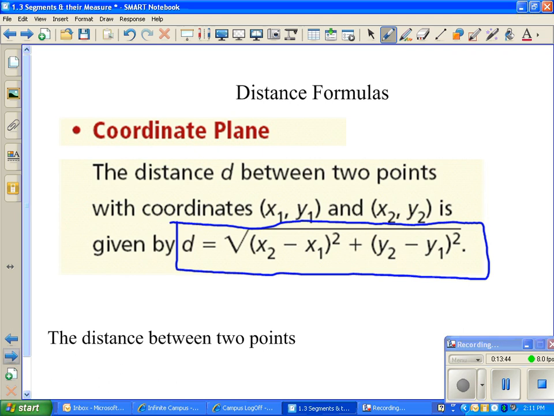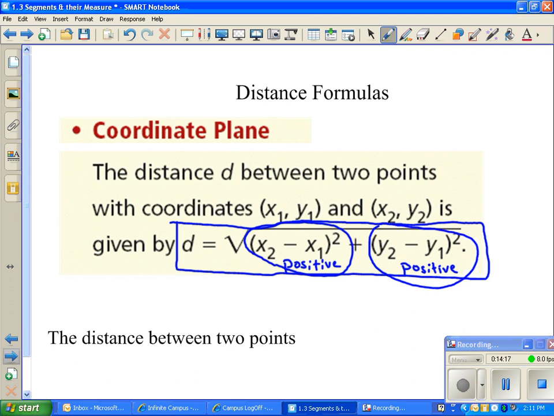So you'll do the inside of the parentheses first, then exponents, right? Then once you get those two answers, you add them together. This should always be positive. If it's not, you did something wrong. Once you square this part, it should always be positive.